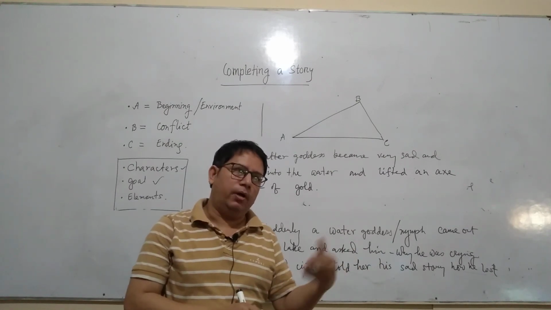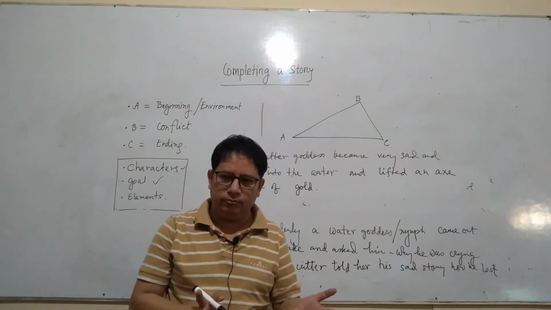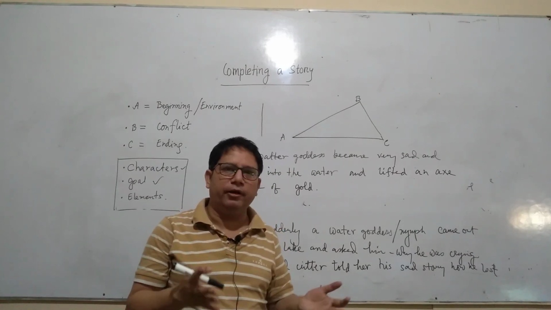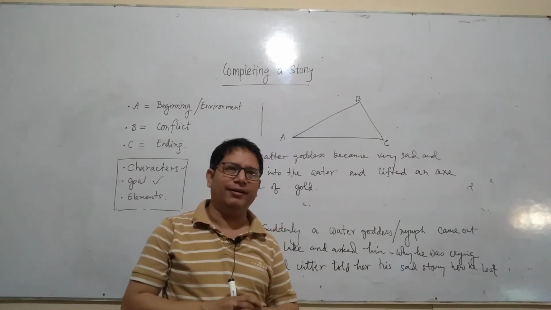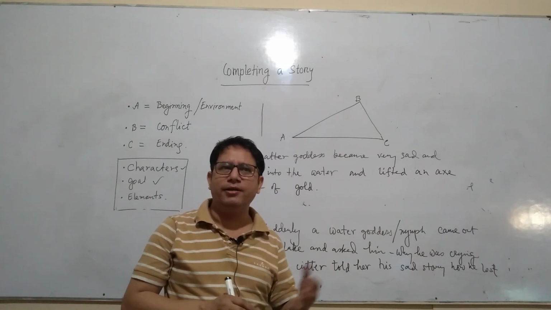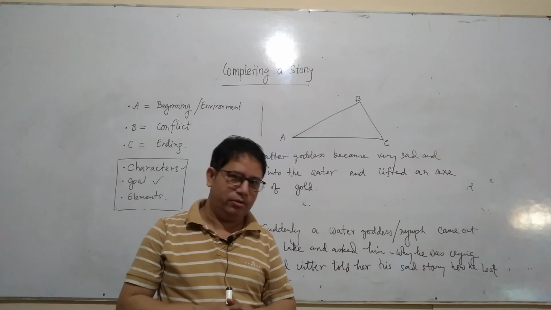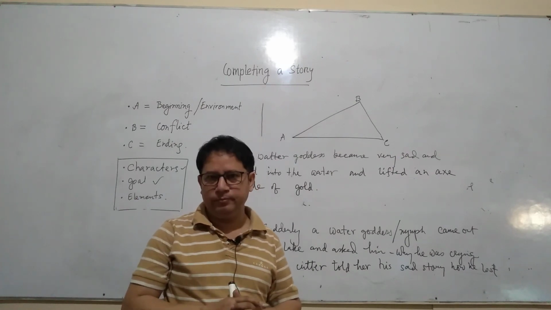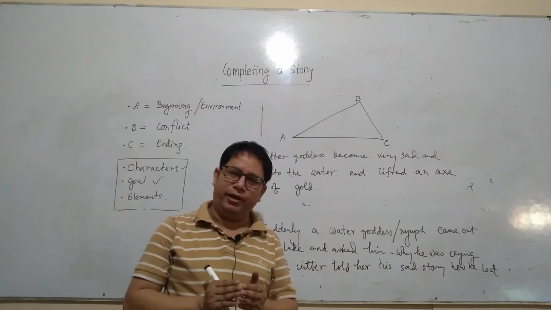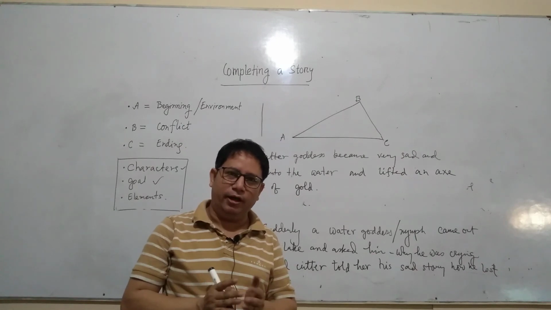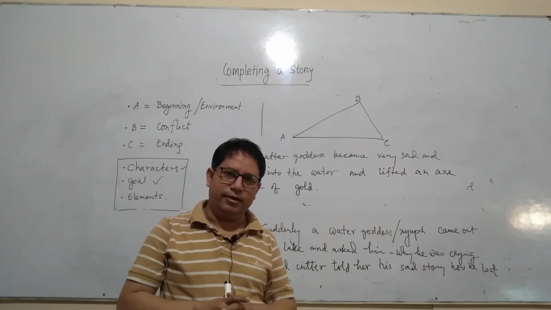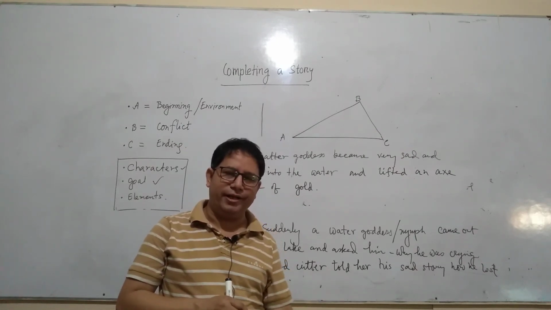As the woodcutter was very, very honest, he said, no, it is made of gold. My axe was not made of gold, so it's not mine. So the water goddess became very, very impressed, and then she brought another axe.